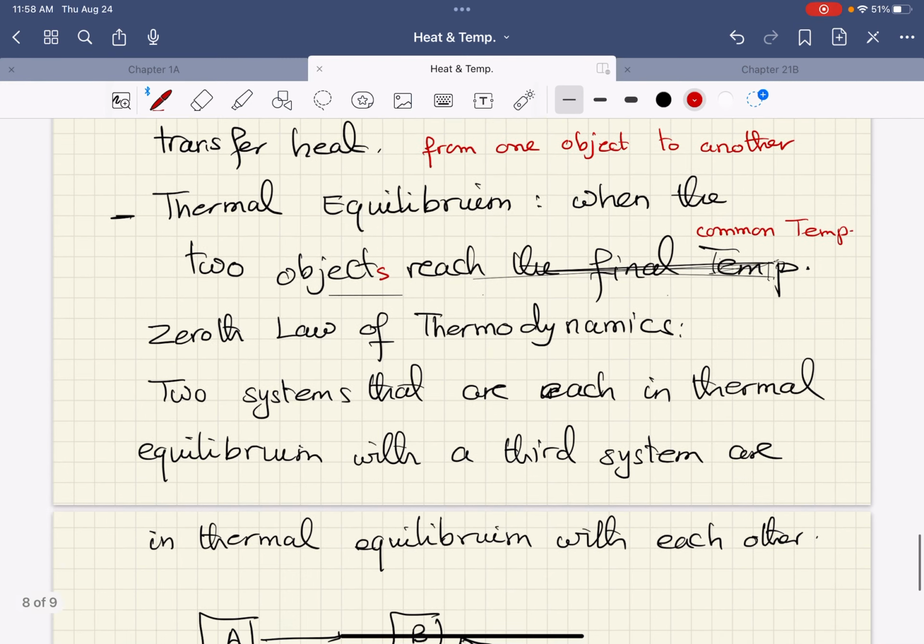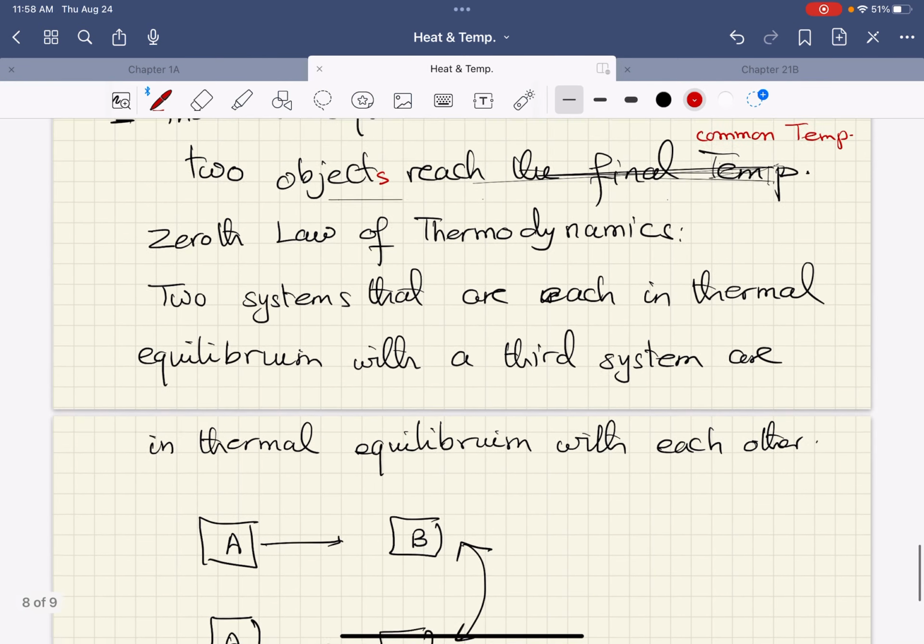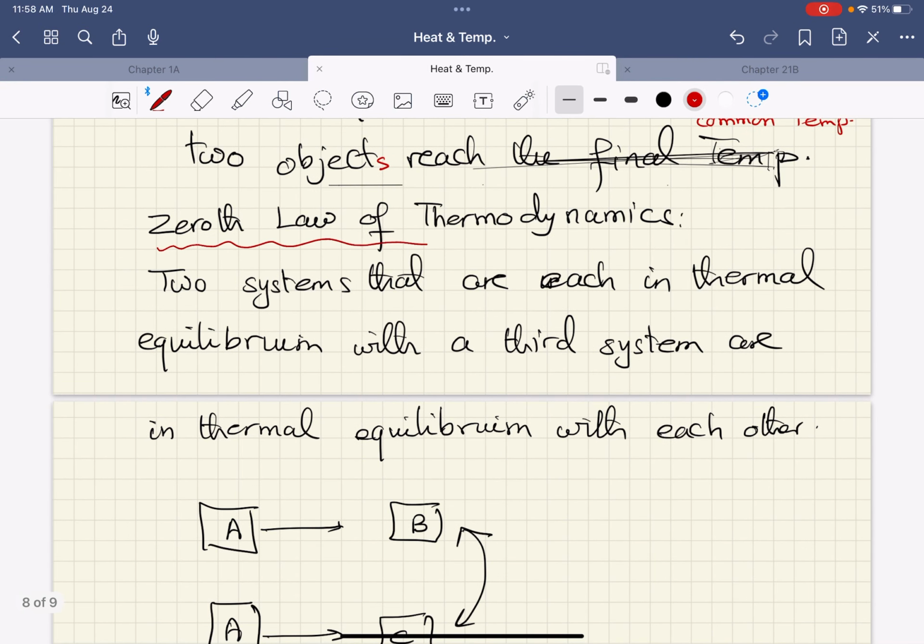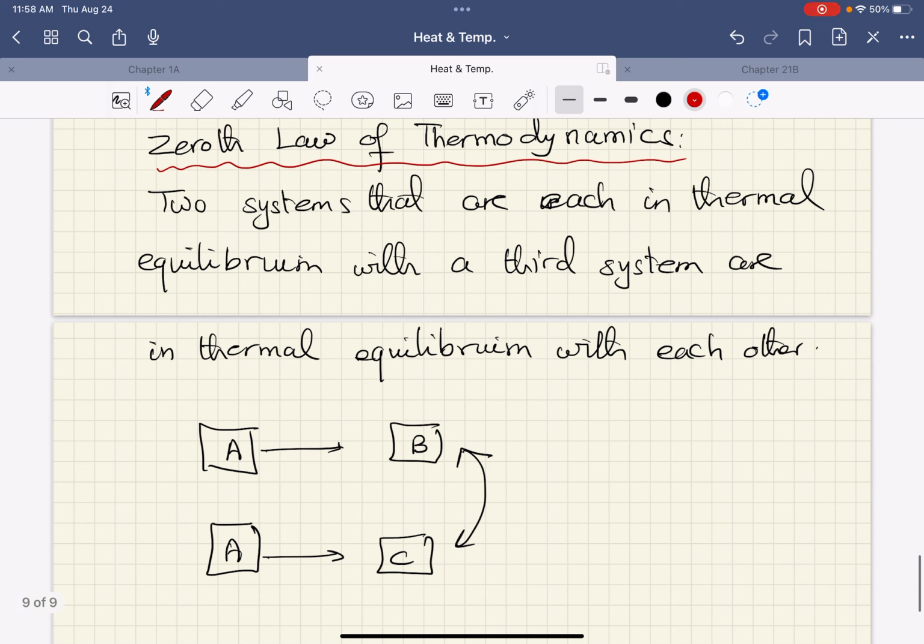Now also, I want to introduce the zeroth law of thermodynamics. From its name, zeroth, it's very easy to prove. It's a common sense thing. Two systems that are each in thermal equilibrium with a third system are in thermal equilibrium with each other.